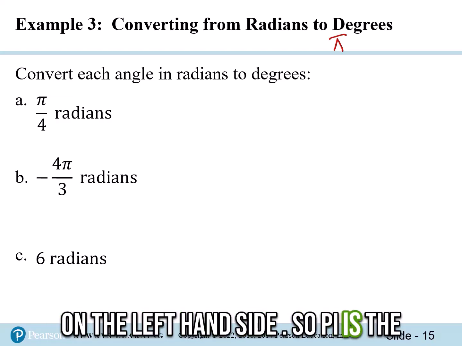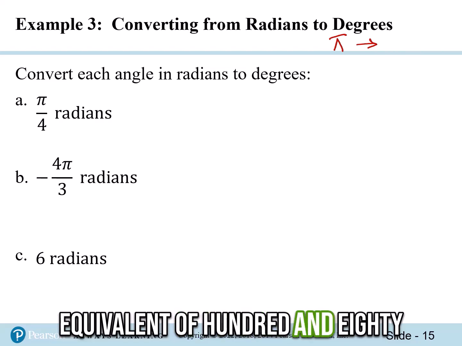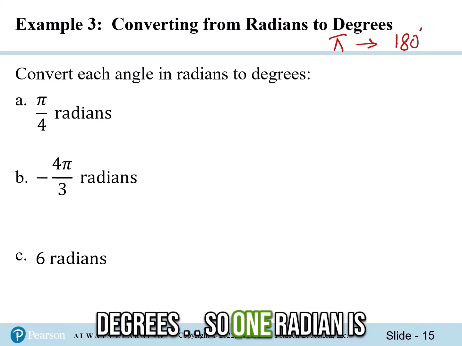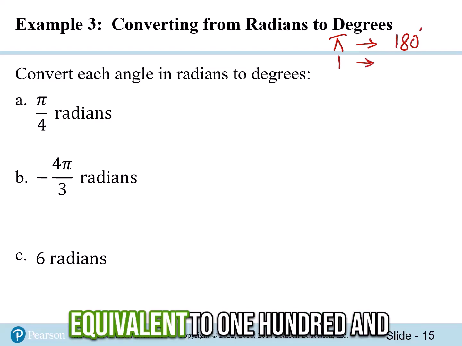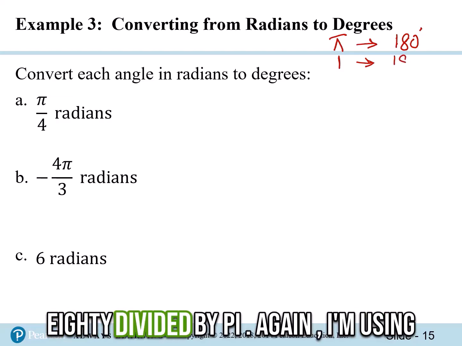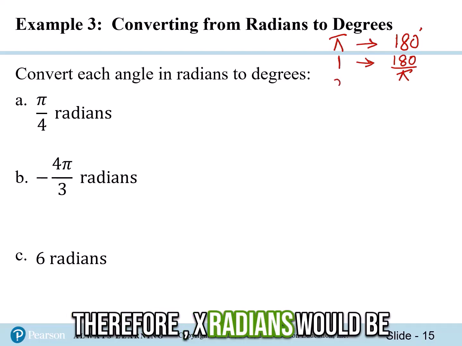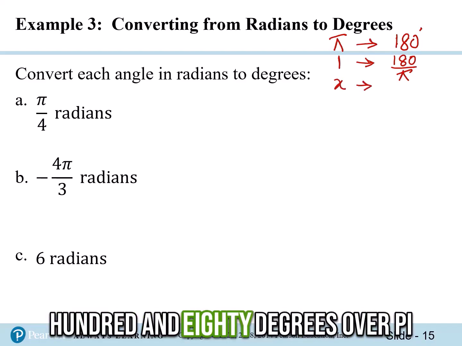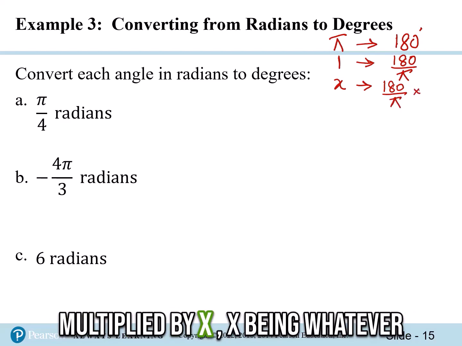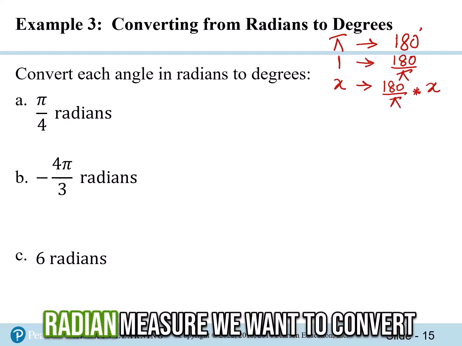So pi is the equivalent of 180 degrees. So 1 radian is equivalent to 180 divided by pi. Again, I'm using the unitary method here. Therefore, x radians would be 180 degrees over pi multiplied by x, x being whatever radian measure we want to convert to degrees.